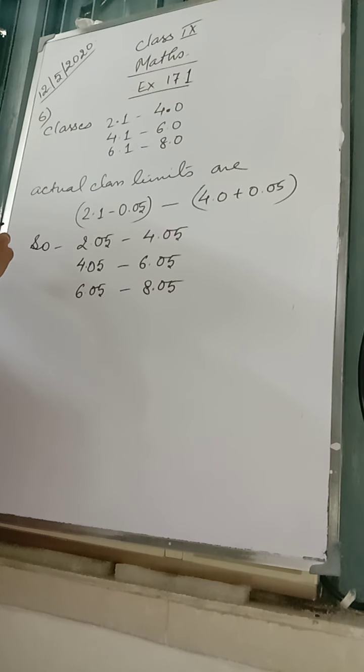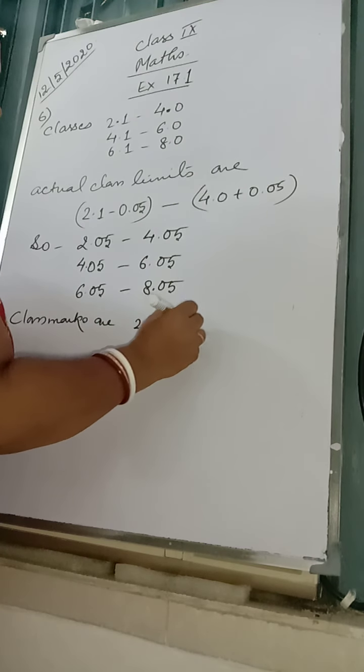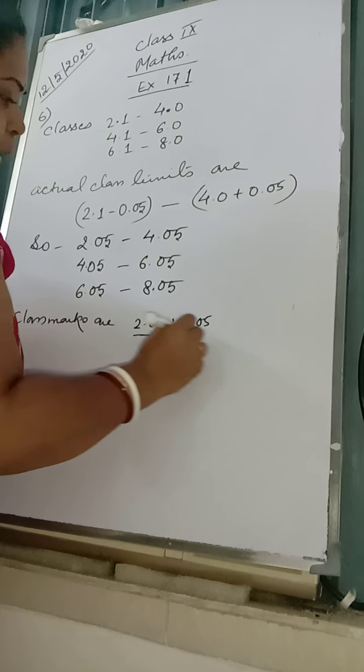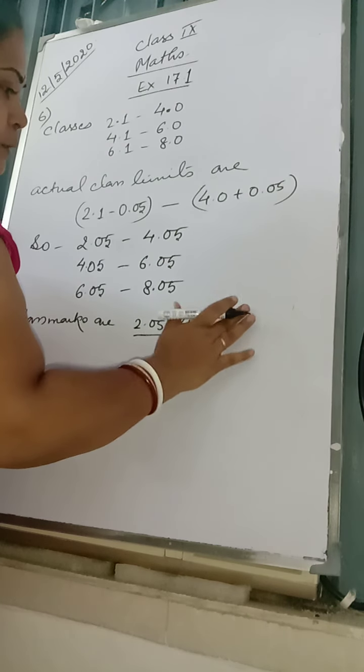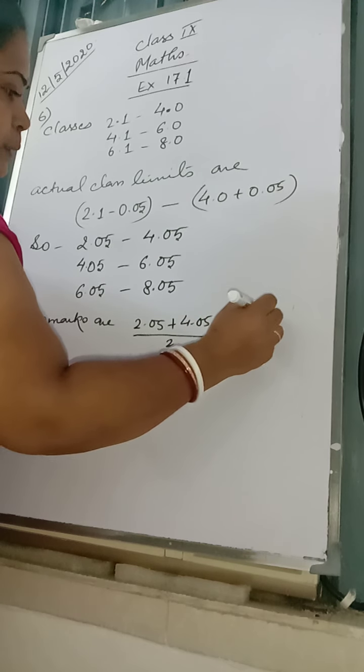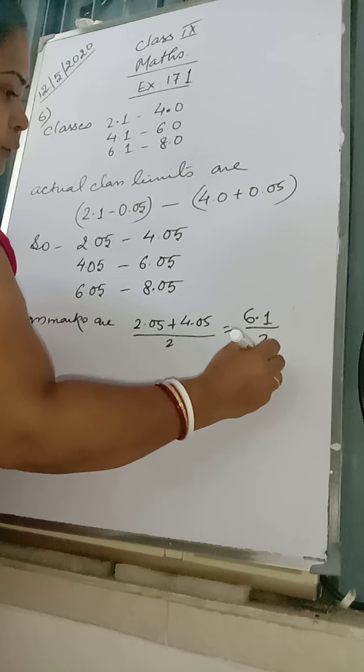Now you have to get the class marks. Class marks are 2.05 plus 4.05 by 2, this gives you 6.1 by 2, or 3.05.